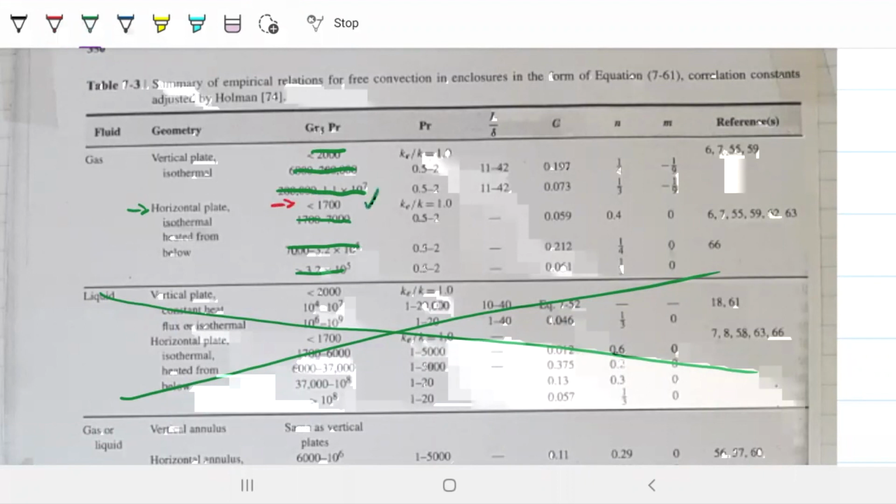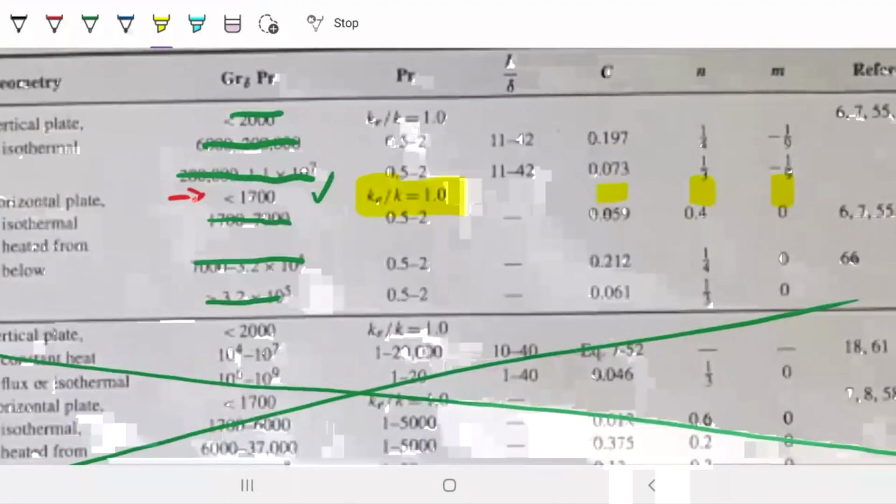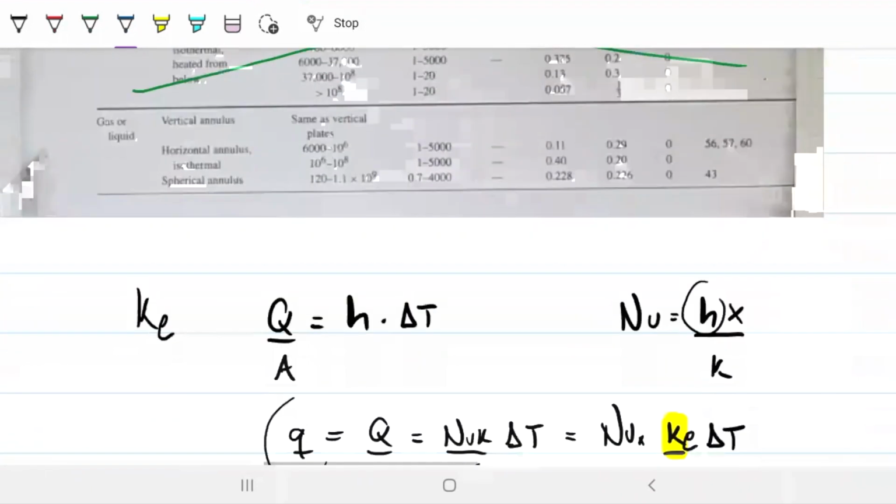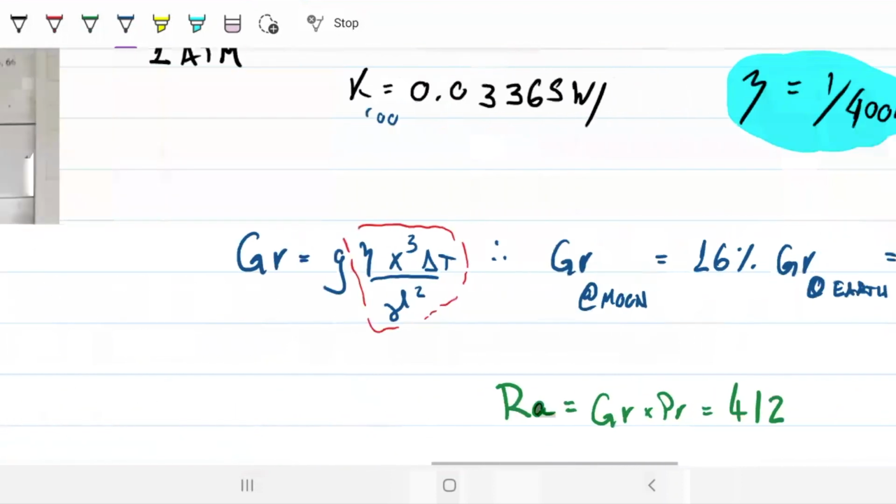And if that's the case, then there are no coefficients for it because Ke over K equals 1. And remember what I told you guys? The apparent conductivity divided by the conductivity is the same thing as the Nusselt number. Same definition as the Nusselt number from this set of equations here.